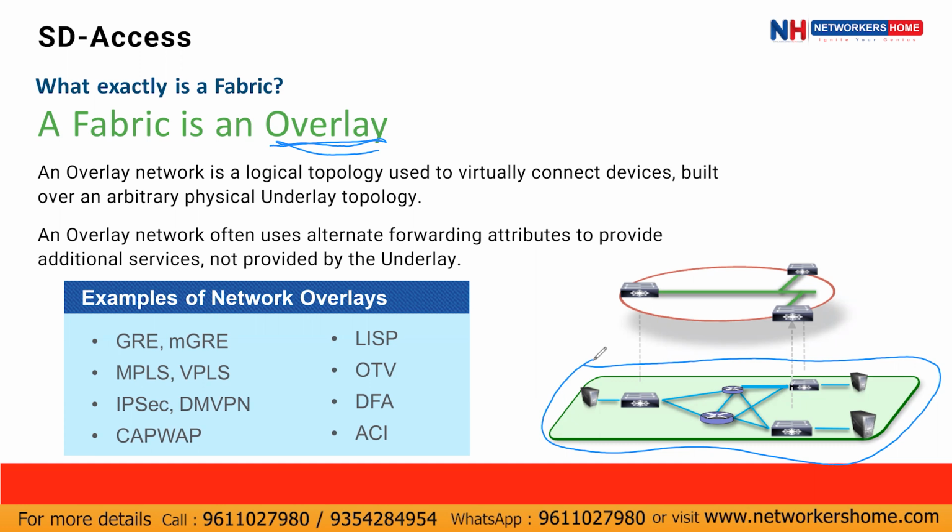But an overlay network uses alternative forwarding attributes. Now, what does this mean? You must be familiar with GRE or IPsec. These protocols are very widely used in VPN. Even if these nodes are connected to each other point to point, or hop by hop, in the overlay it looks like your endpoint is connected over here, and here it's the internet.